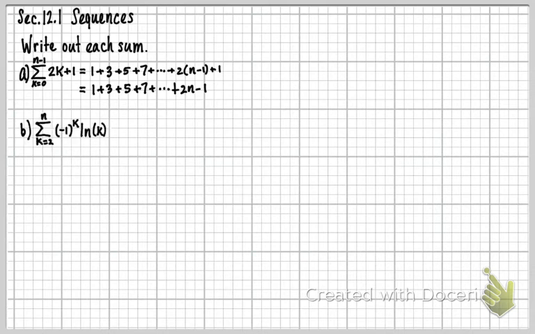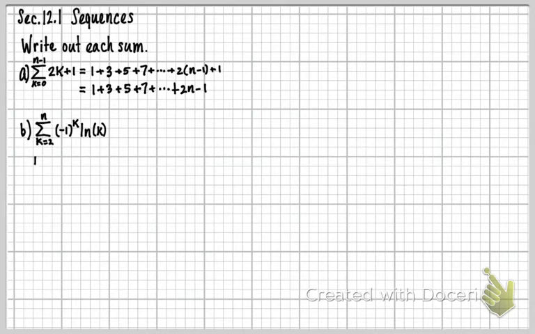So now let's take a look at this one. So this means I'm starting from k equals 2. And I'm dealing with the sequence -1 to the k times ln of k. And then I'm going to stop at n. Okay, so then the first one is going to be k equals 2.